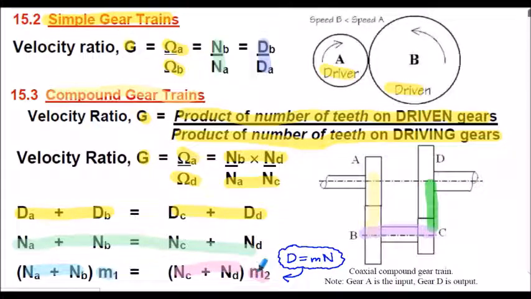So the modules could be different between A and B and D and C. They must be the same for A and B for meshing. They must be the same for D and C for meshing. We can use that geometrical constraint to help us extract information from the question and help solve the problems. So you'll see some of these relationships later on in the presentation.